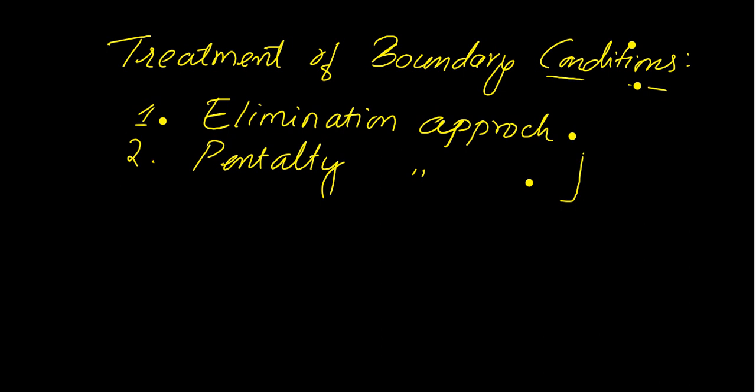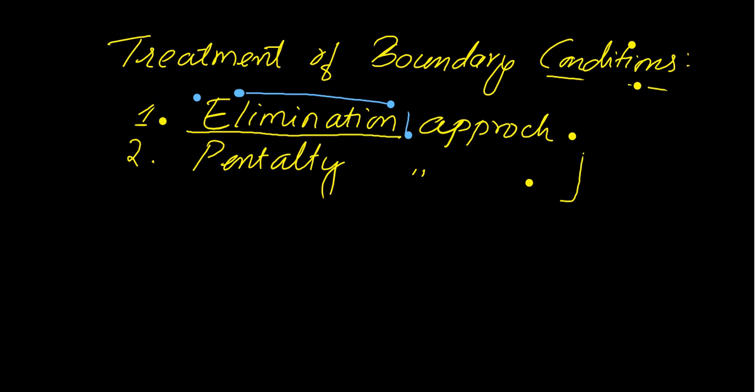In many of our problems we have used the elimination method to solve the problems. We have eliminated the global stiffness matrix and calculated the unknown displacements or deformations using this method.